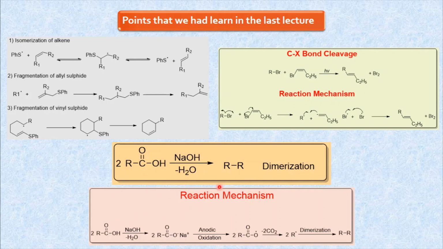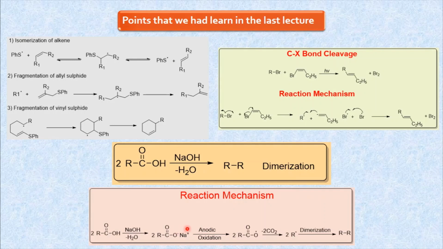So this is the general reaction, and again in the last lecture we had learned the general mechanism of this oxidative coupling reaction, that is Kolbe electrolysis. So this acid reacts with sodium hydroxide. An acid-base reaction takes place. The role of this NaOH is that it takes a proton from this carboxylic acid and generates its salt. Then this salt undergoes anodic oxidation.